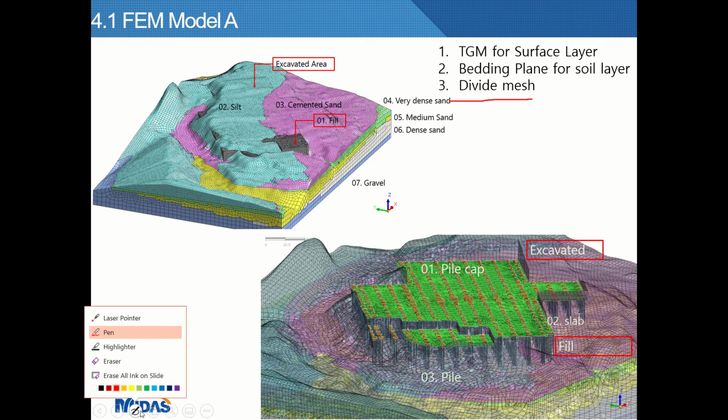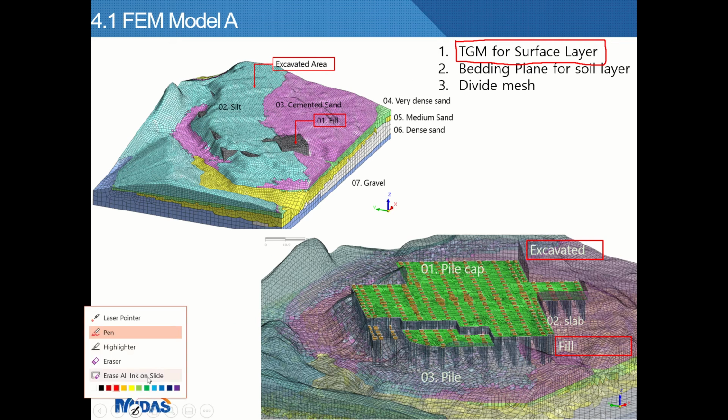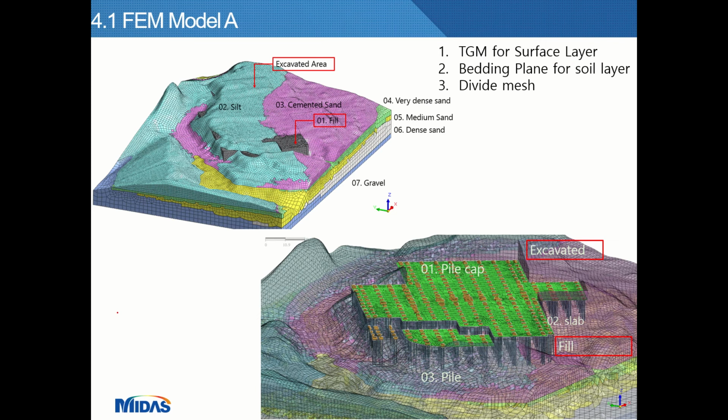Then I would like to introduce certain applications which help you make such 3D models. First, we have TGM, or Terrain Geometry Maker, one of the tools that I commonly use for 3D models. If you have a contour, you can construct any surface which you can use to cut your geometry.